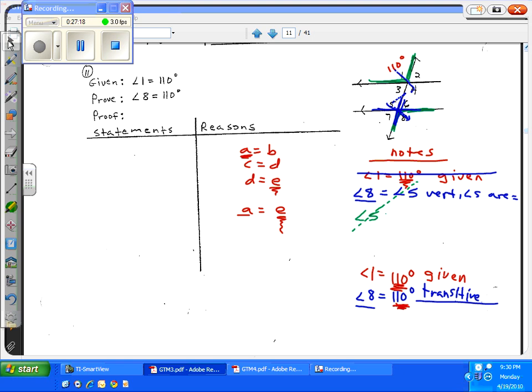Angle 5 is equal to something. And I could see here that angle 5 was equal to angle 4 because they're alternate interior and the lines are parallel. So I need an angle 4 here. And the reason I can say angle 5 equal angle 4 is alternate interior angles are equal.